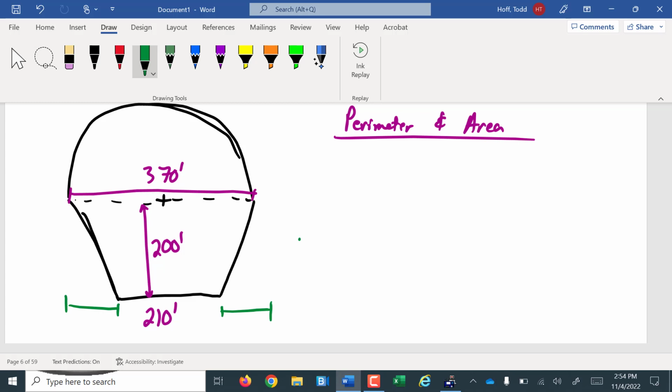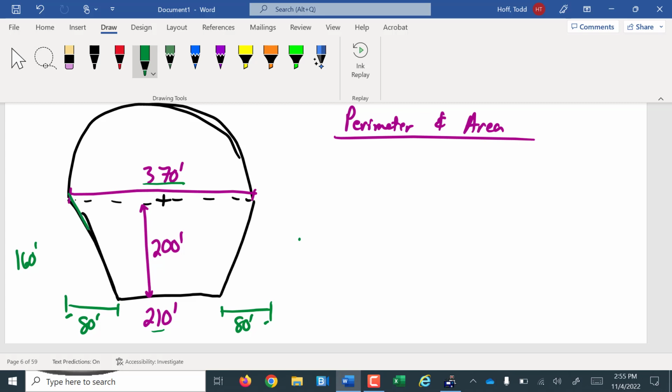As we look at these, what would those two green links be that I just put in here? So 370 minus 210 is 160, and half goes to each side. So each of those is 80 feet.